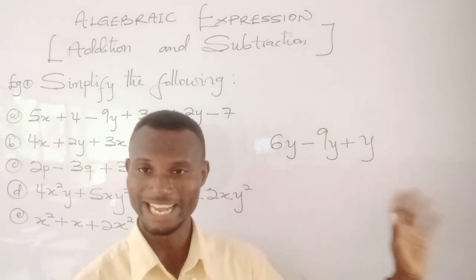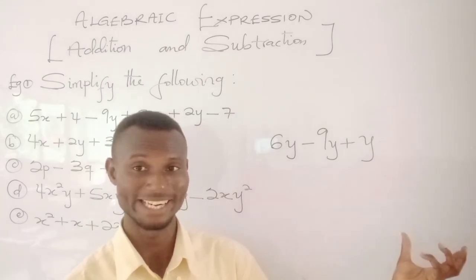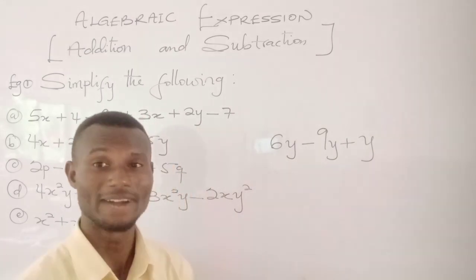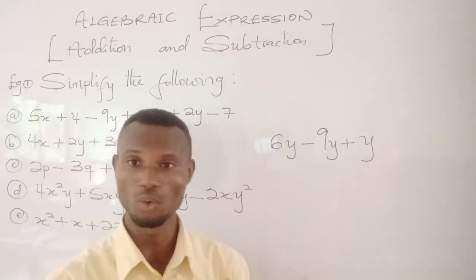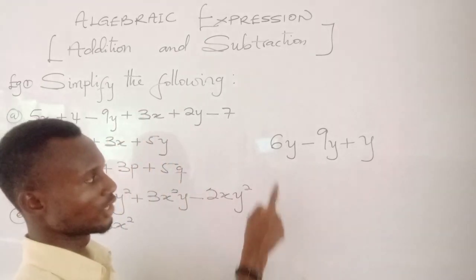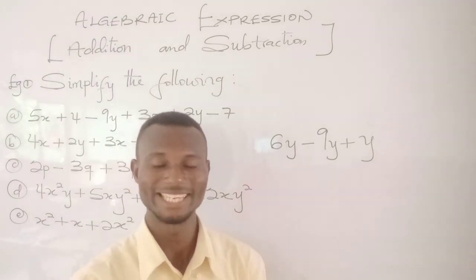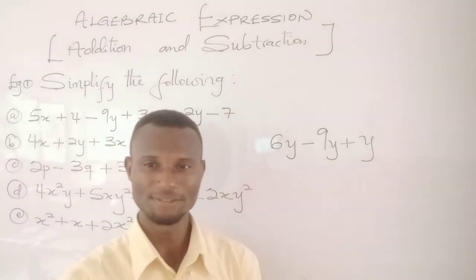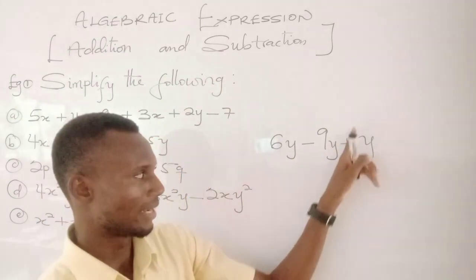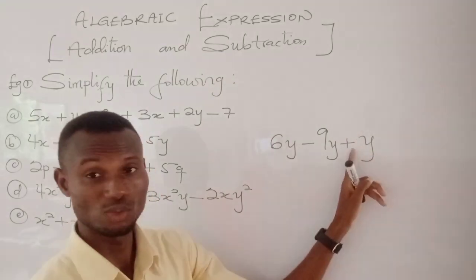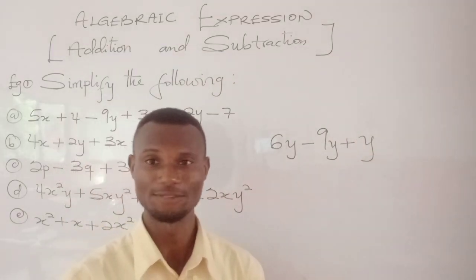First of all, they are like terms, so we can simplify them. How do we simplify them? We deal with the coefficients. So it's going to be 6 minus 9. 6 minus 9 gives negative 3. And the negative 3 plus the coefficient here, which is 1, gives negative 2.